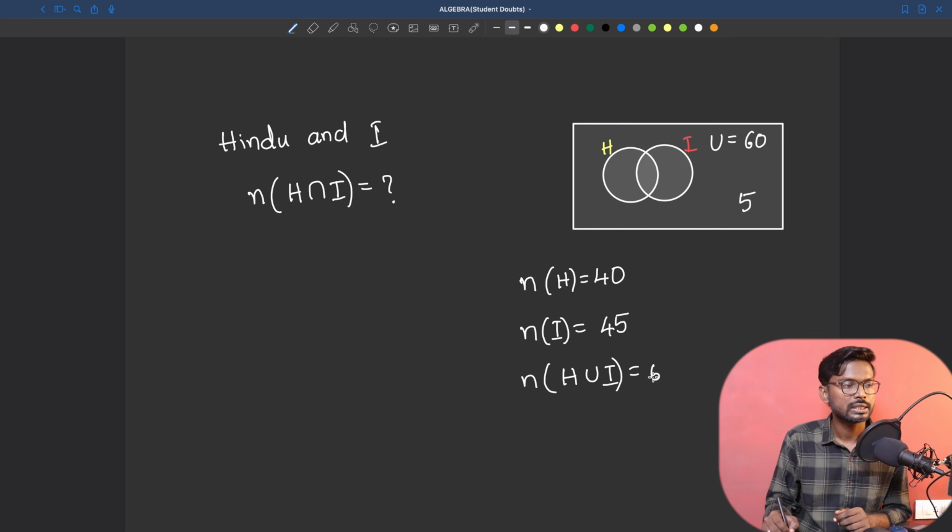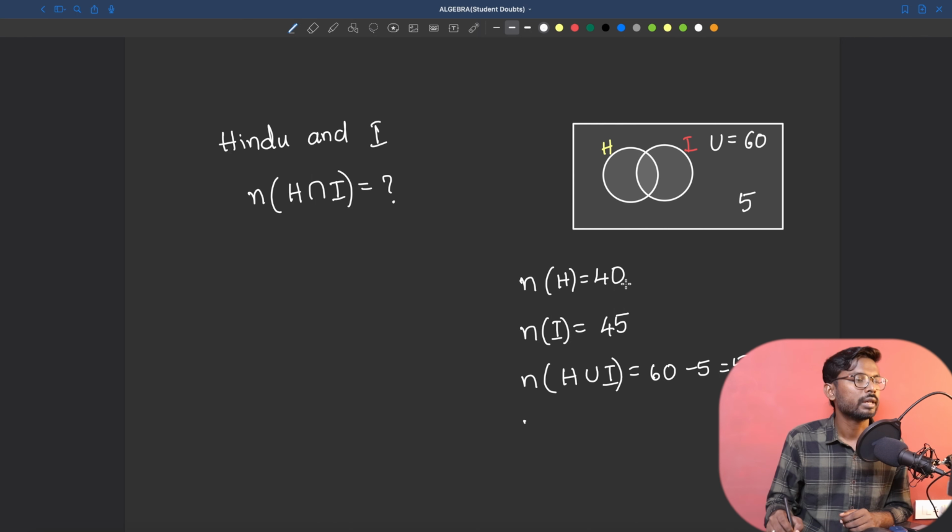So that will be 60 minus 5, that will be 55. So what is this 55? These 55 people read either Hindu or Indian Express. So n of H union I is 55.